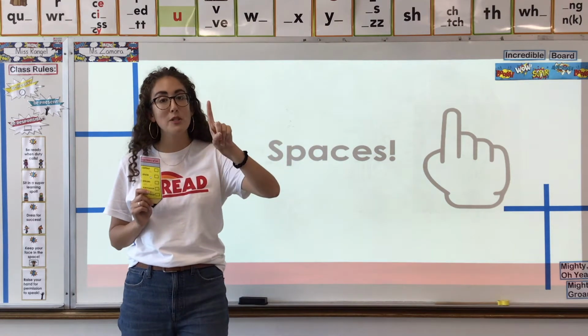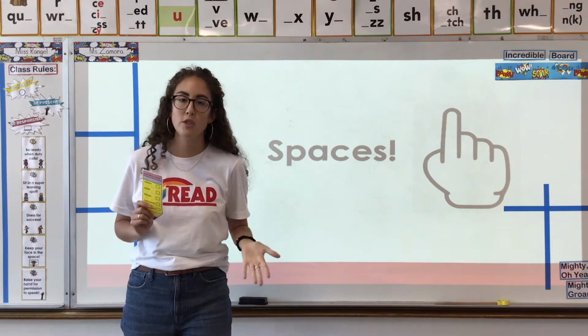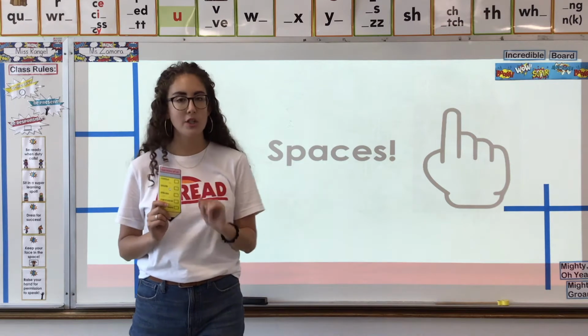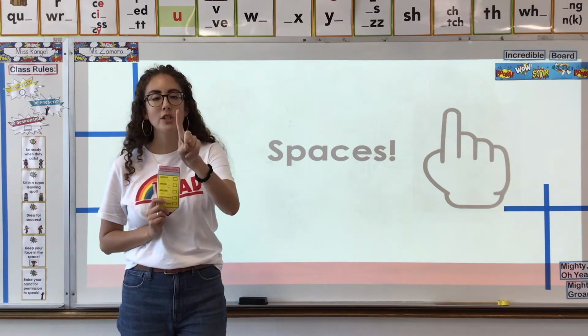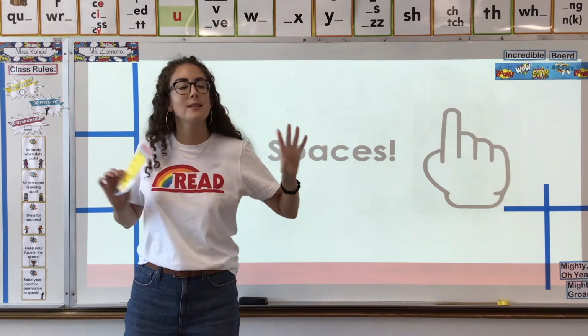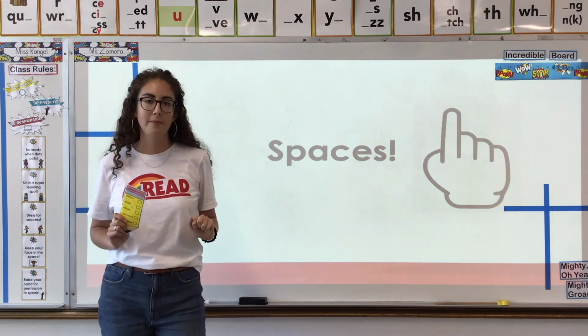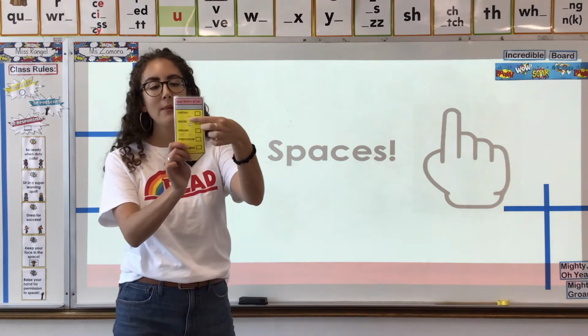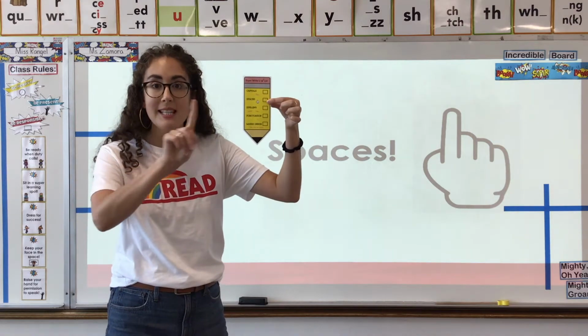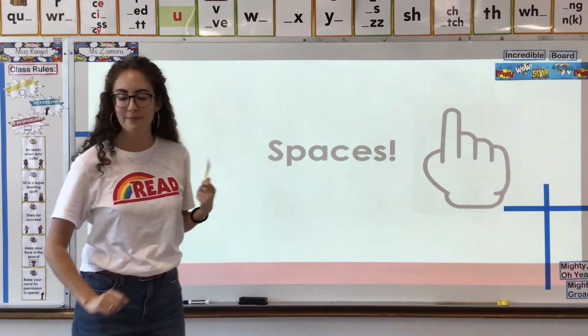My finger's a little bit too big, so I would end up having huge spaces, but your finger is just the perfect size to make sure that each word has its own room to breathe. So that's what we mean by making sure there's spaces throughout your journal entry.